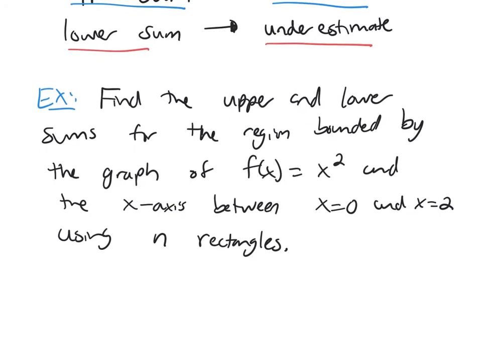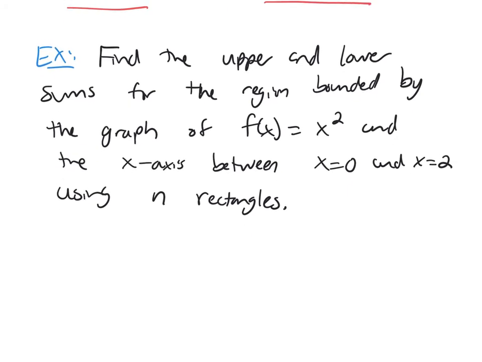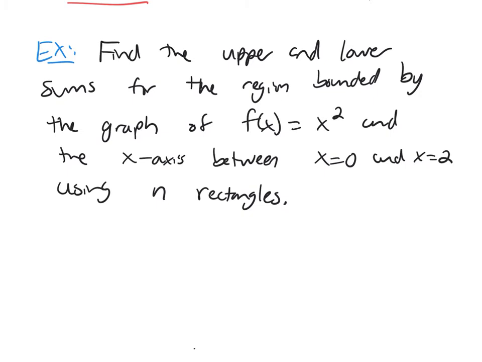So here we're using an arbitrary number of rectangles. N represents the number of rectangles we're looking at. The first thing we want to do is calculate the width of each rectangle. If you remember, that's what we call delta x.